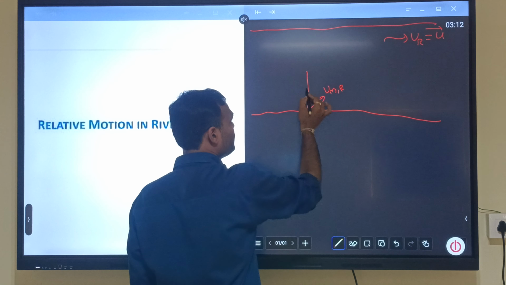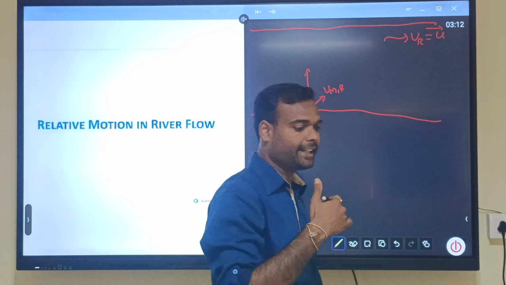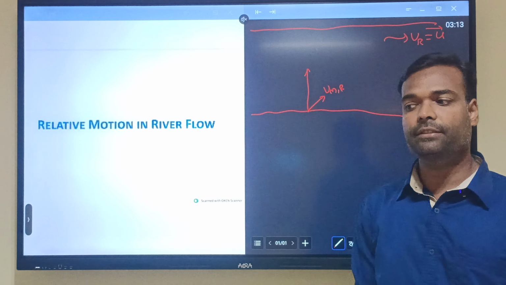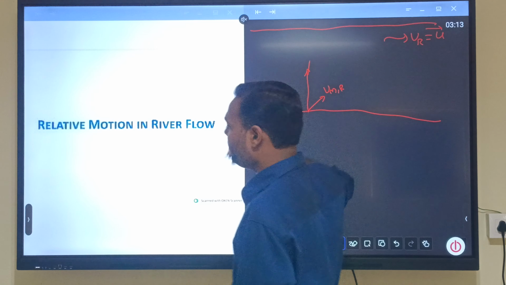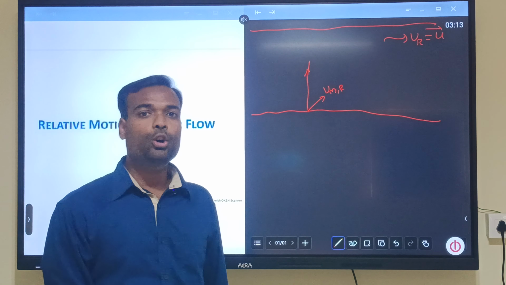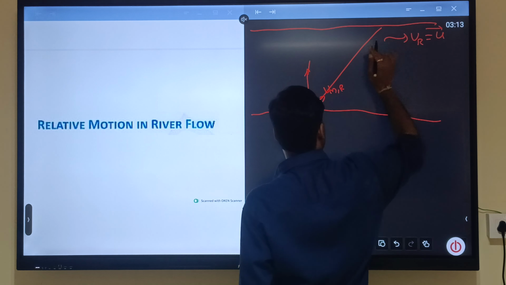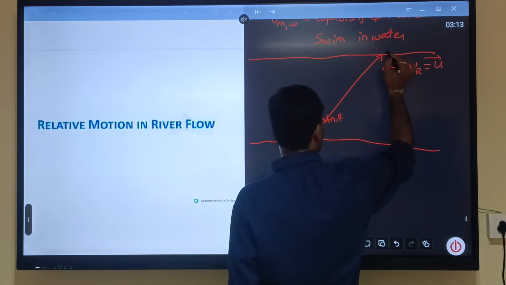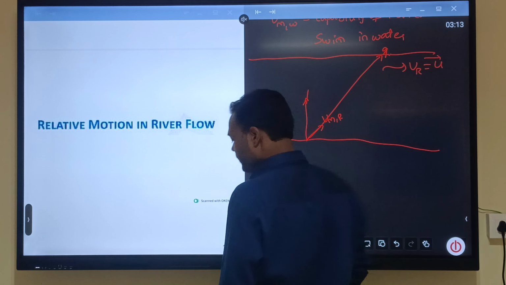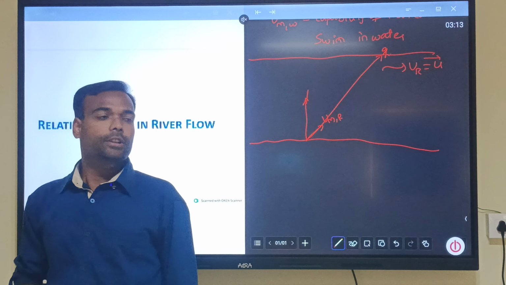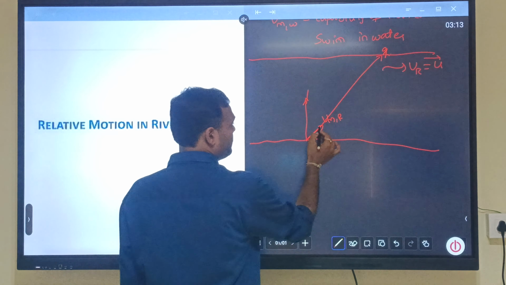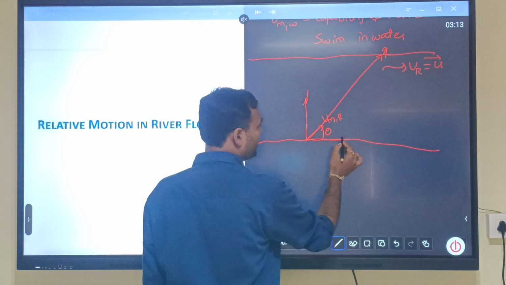Initially he tried to move to the opposite bank, but because of the flow of the water, instead of reaching the opposite side, he reaches this point. Now he has made an angle theta with the x-axis.